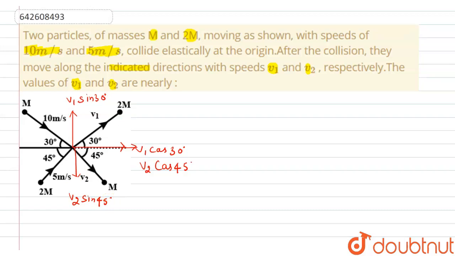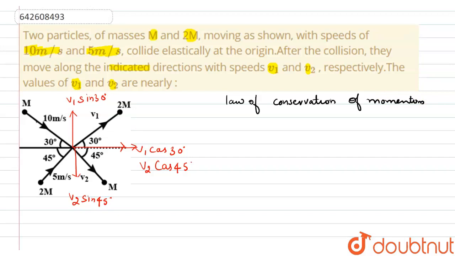Now using the law of conservation of momentum, apply the law of conservation of momentum. So if we apply it, we can use the formula here.